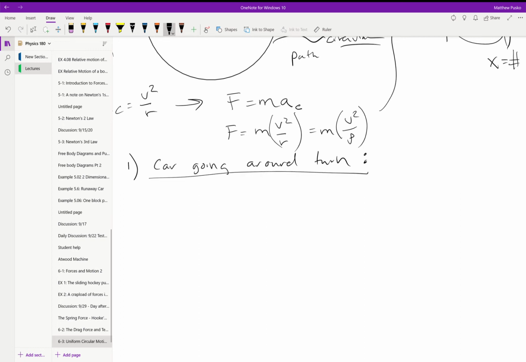It could be speeding up while it's going around it, in which case not only would it have an acceleration vector pointed inwards, it would have one tangent to the path. So its total acceleration in this case would look something like that. For right now, let's just use a constant speed.